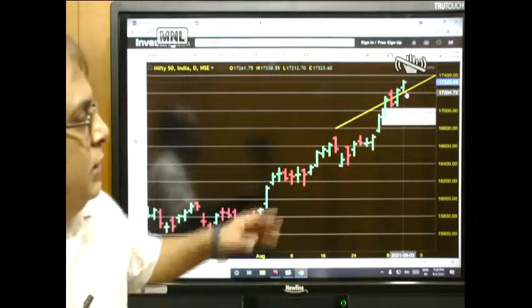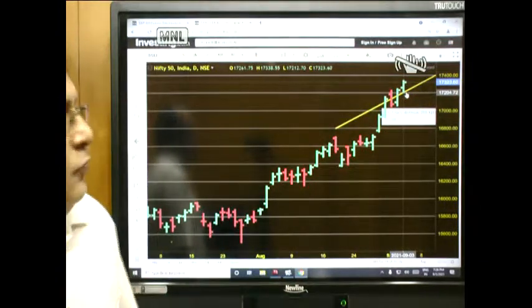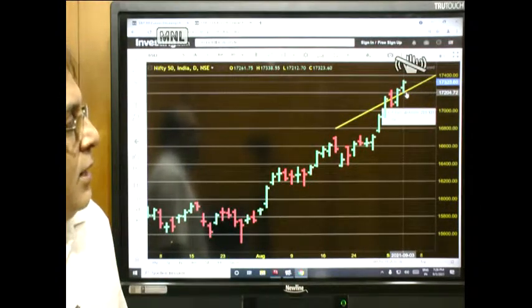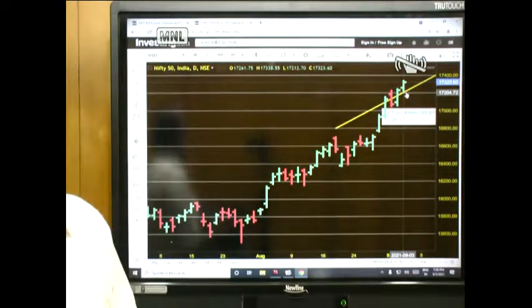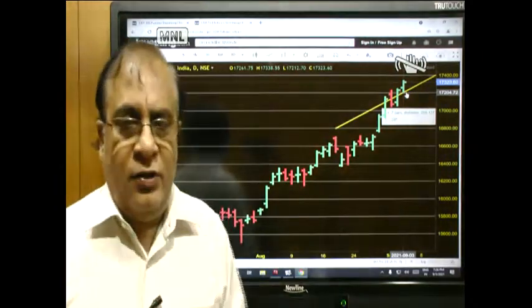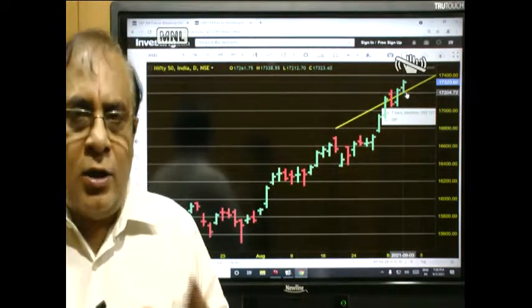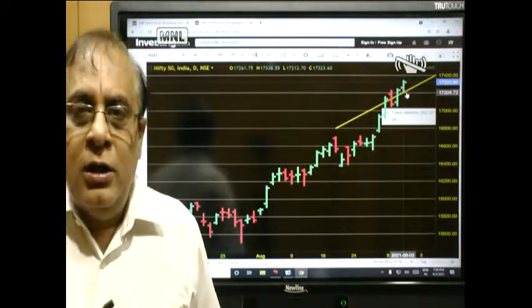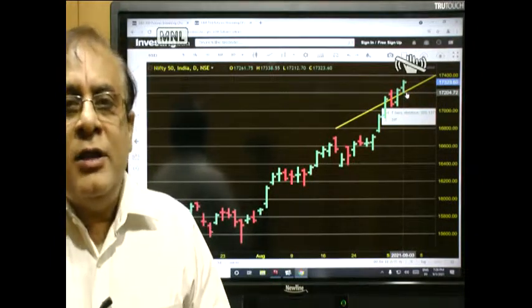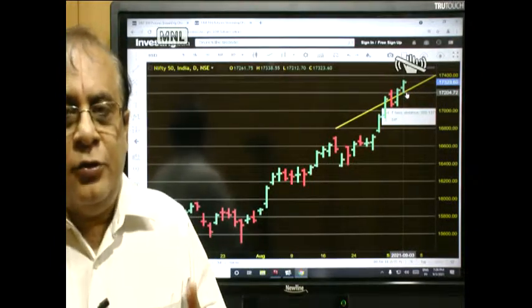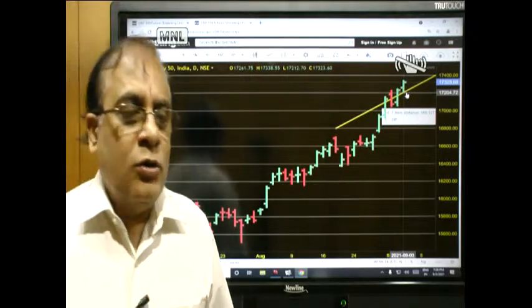Since the support has come out quite well and the market has closed well, we can expect some support closer to the important level of 17,245 first. Around that level will be the intraday support which can come on Monday. Failing which, it can go down to 17,147 on Monday. If 17,245 is cut, it can go to that particular place.